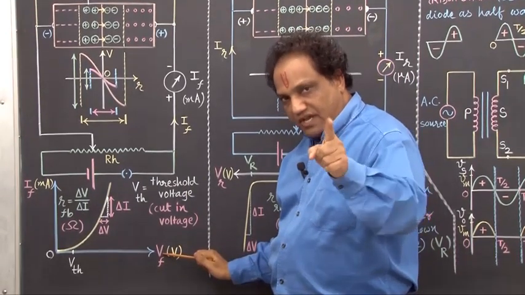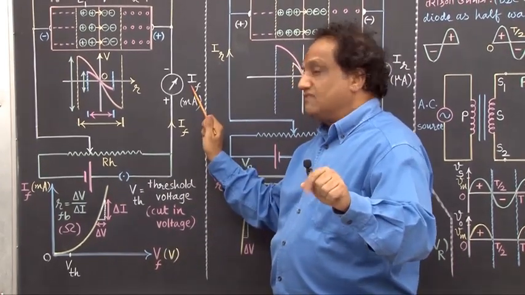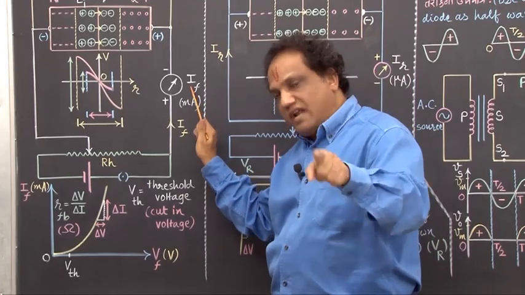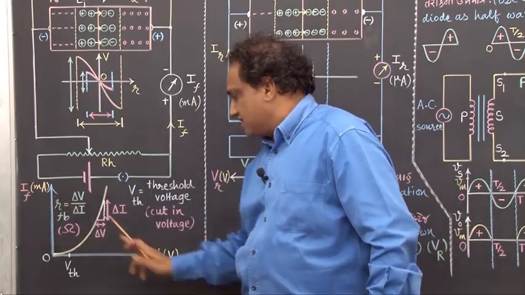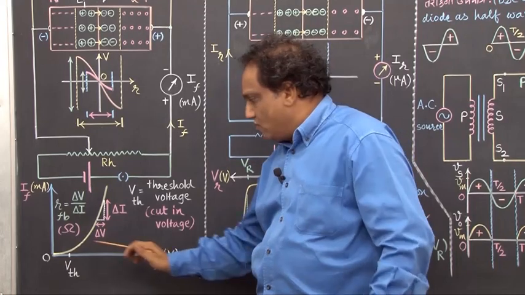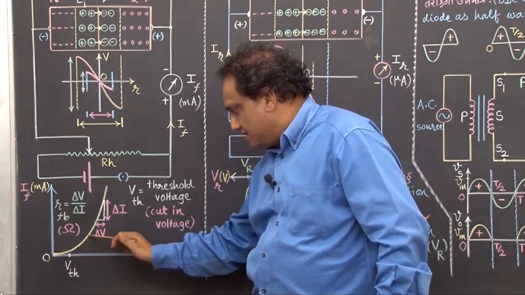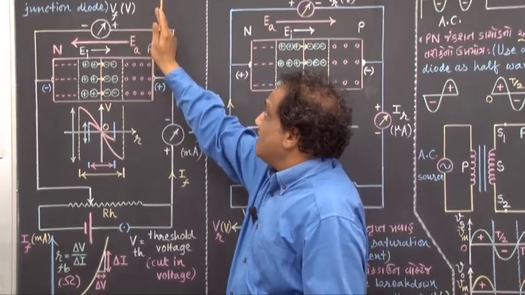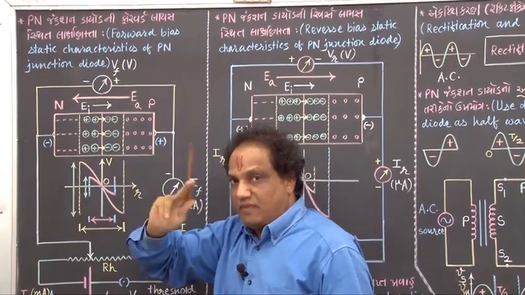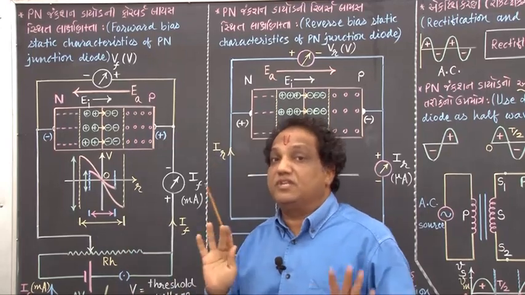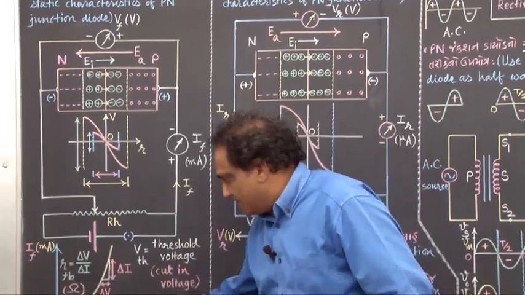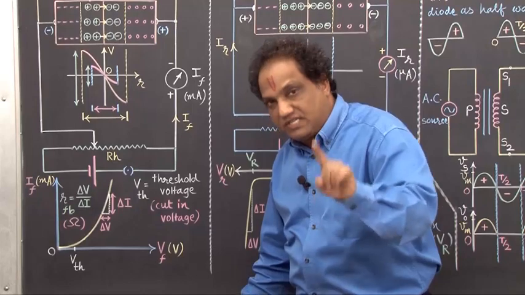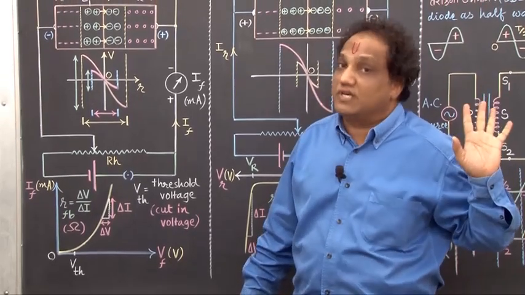As the forward voltage increases, every time you can measure the forward current practically, and then plot a graph of IF versus VF. That graph is found to be like this, correct? Such a graph is known as the forward bias static characteristics of a PN junction diode.